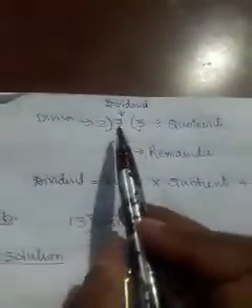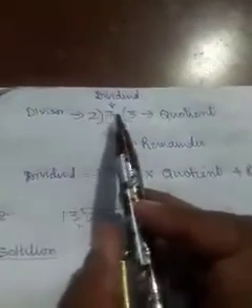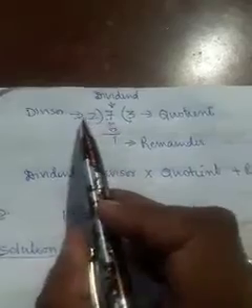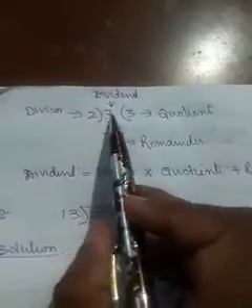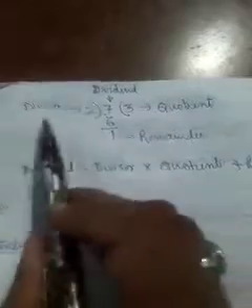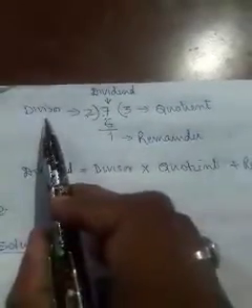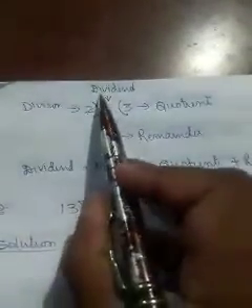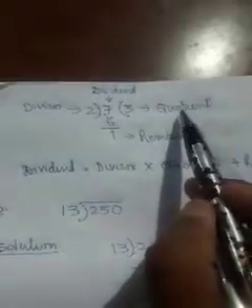I will explain further. Suppose you divide 7 by 2. How to say it? 7 divided by 2. Don't say 2 divided by 7. In this, 2 becomes the divisor, 7 is the dividend, 3 is the quotient, and 1 is the remainder.